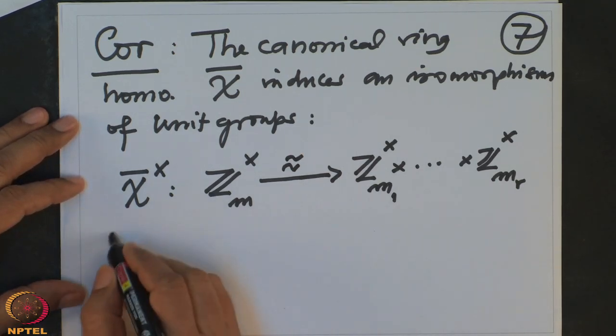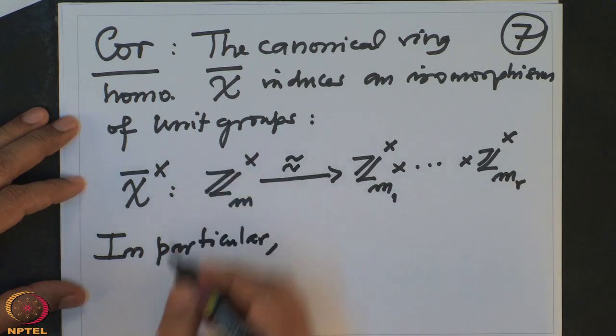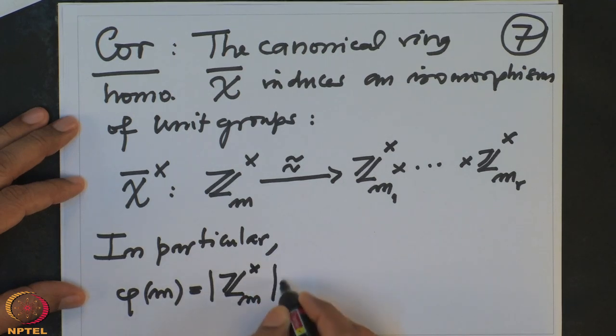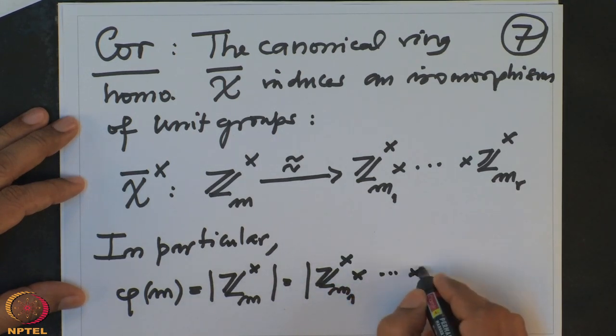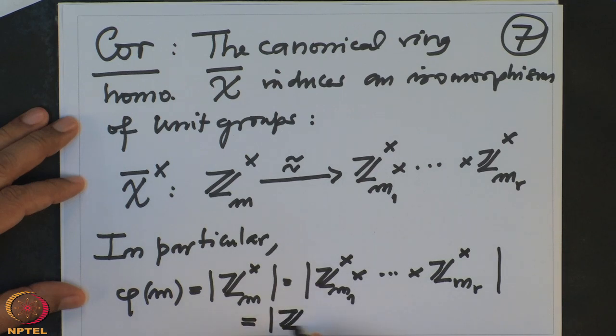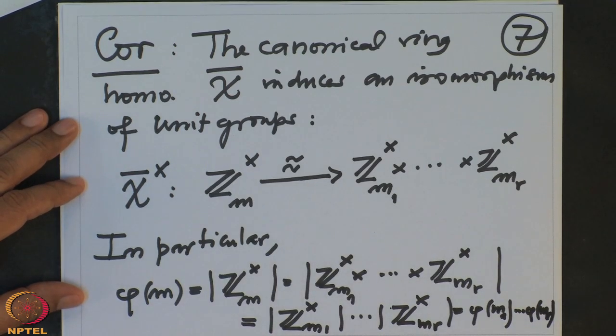So in particular, the order of this group, that we know it is phi m, which is the order of the group Z mod M cross, but that is same as the order of this group Z mod M1 cross product Z mod MR cross, but this product is obviously the product of the unit groups of Z mod M1 etc. Z mod MR. But obviously this is phi m1 etc. phi mr. So therefore, this means that phi is multiplicative function.